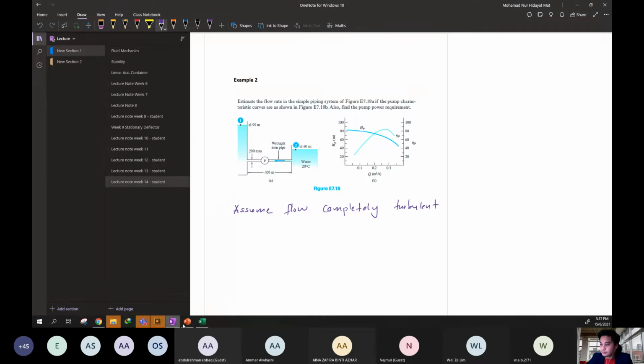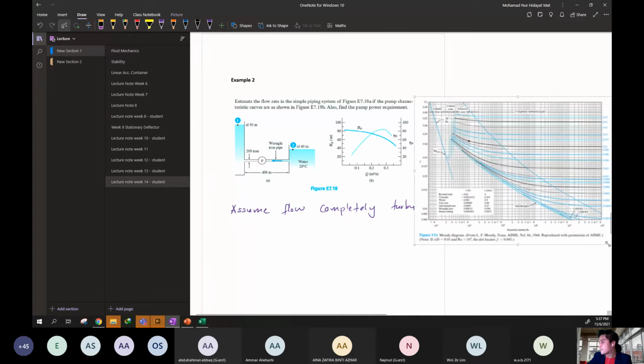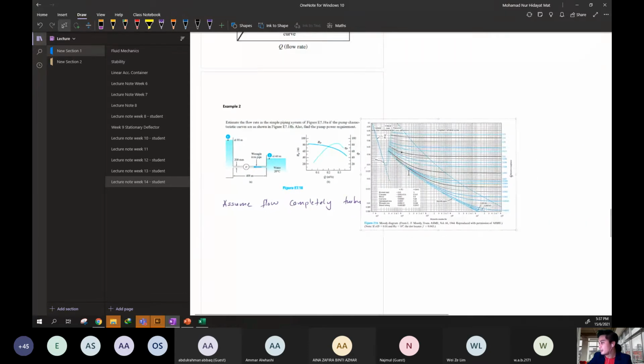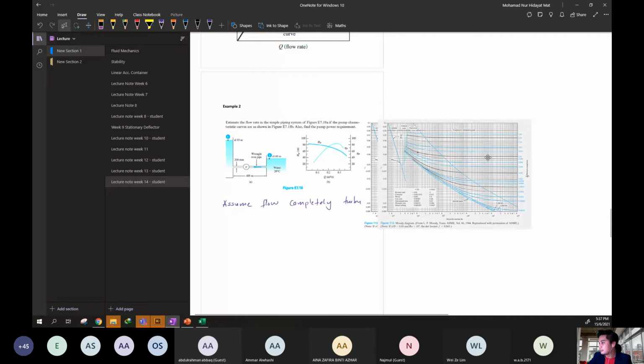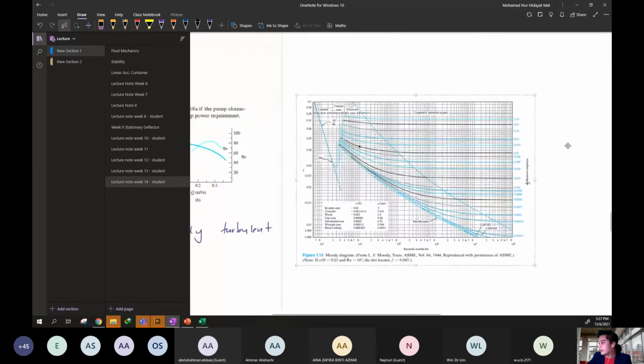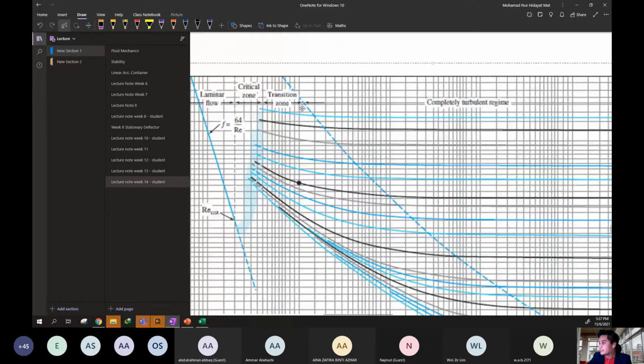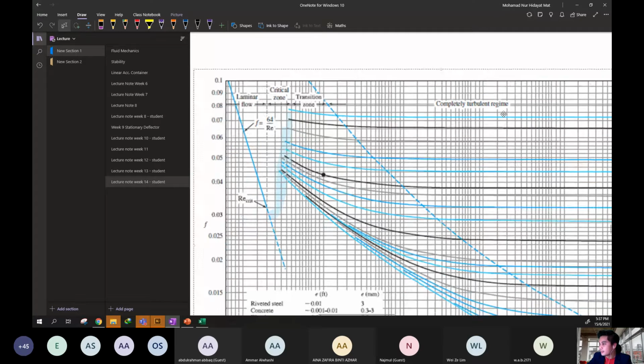Let me put the chart here, the Moody diagram, so that you can make a reference. When the flow is completely turbulent, you can find it from this chart. This line refers to the completely turbulent regime, so you must use this line.